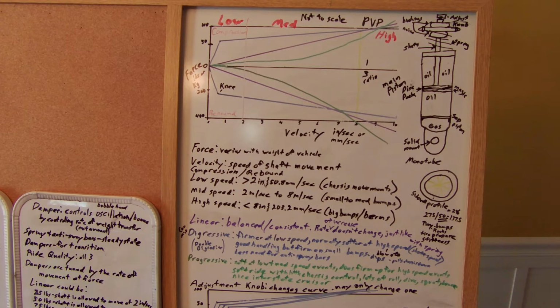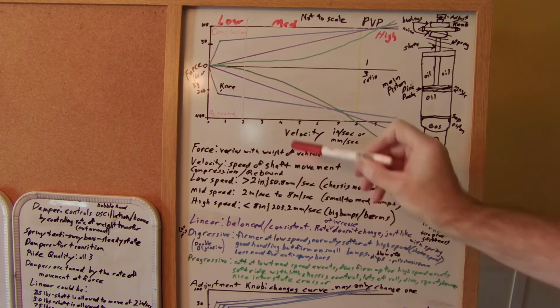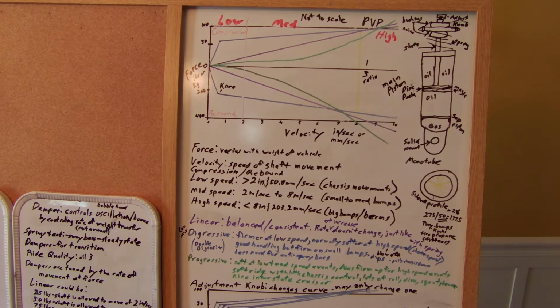Forgive the horribad drawing. It is not to scale, nor is it very artistic, but it does have a few different colors, so that's good. Over here we have a damper. At the top you got an adjustment knob. You got the top of the shaft there with a nut that'll hold it on.